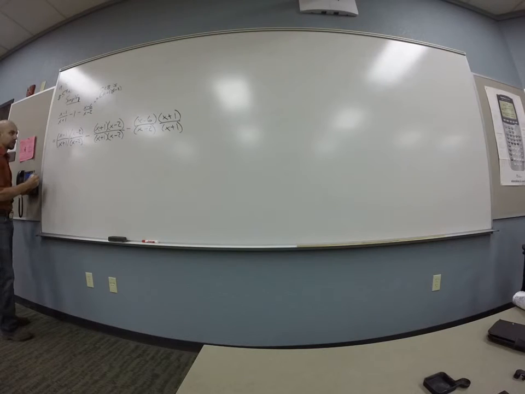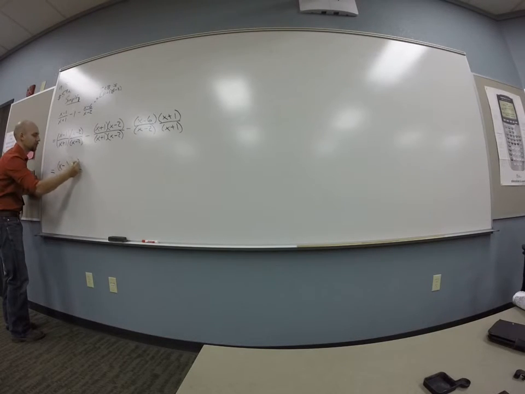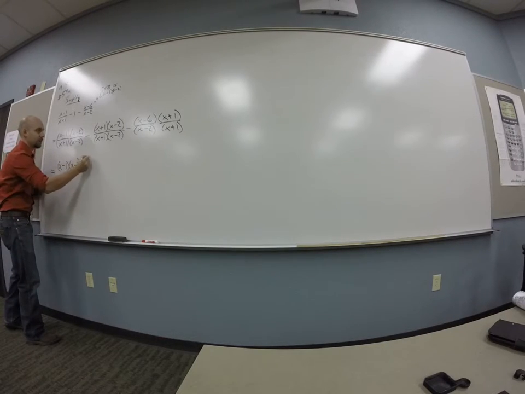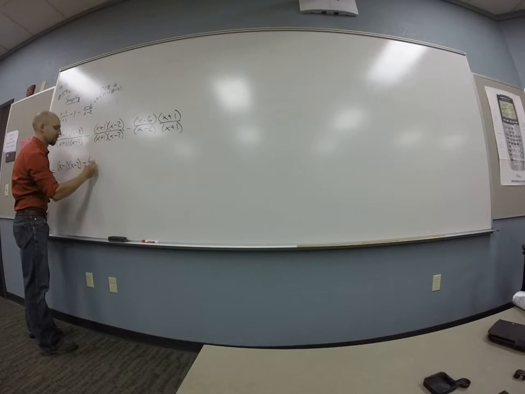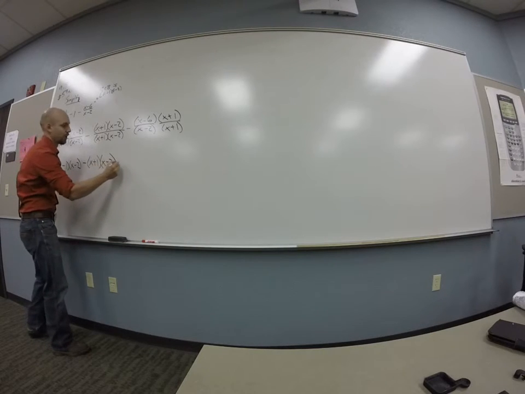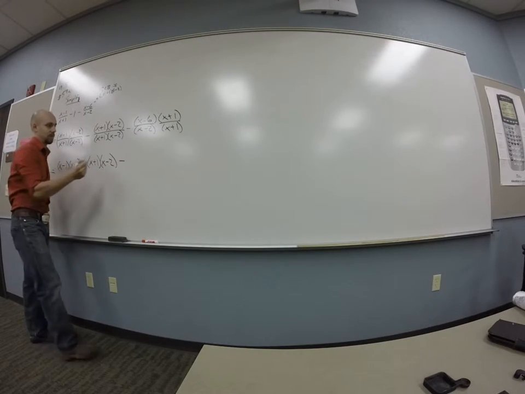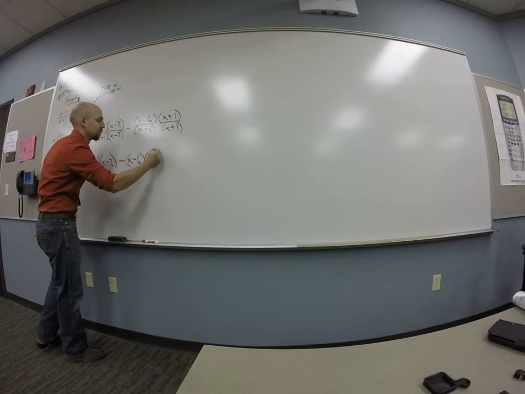So now all this is over the common bottom. There's an x minus 1 times x minus 2, minus x plus 1 times x minus 2, minus x minus 6 times x plus 1.